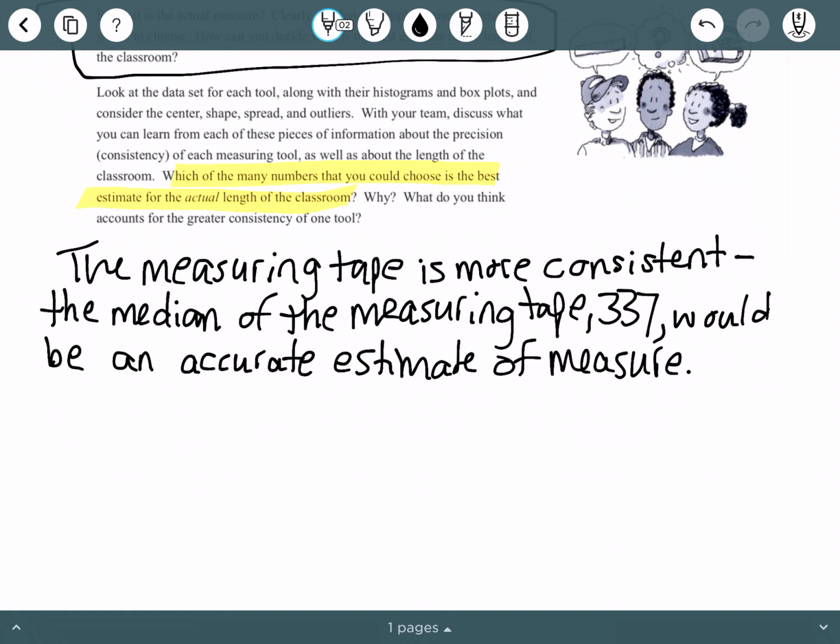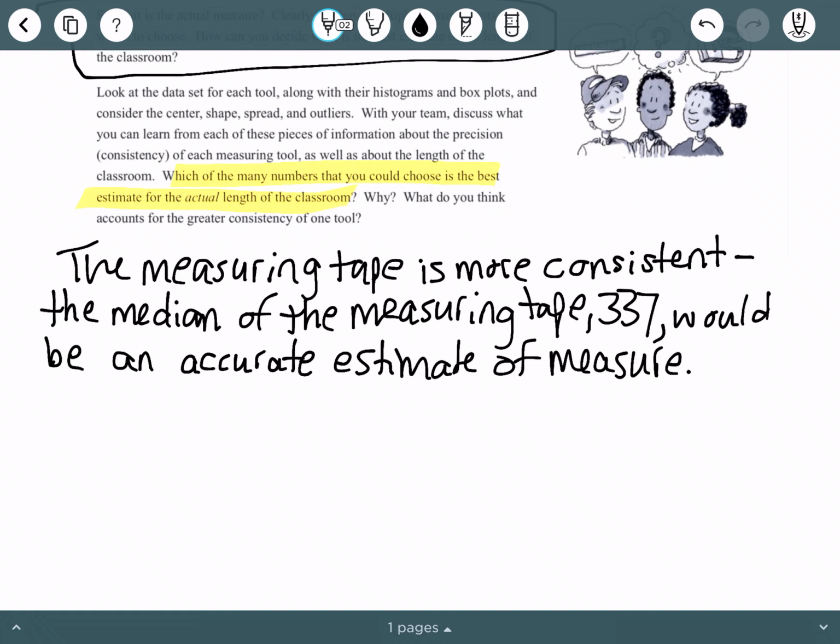So let's talk about that. The measuring tape, when we pull one end out, if you visualize a measuring tape, it's that yellow tape that comes out of that little square that you can hold in your hand and then pull it out. And then we all know what a ruler looks like.